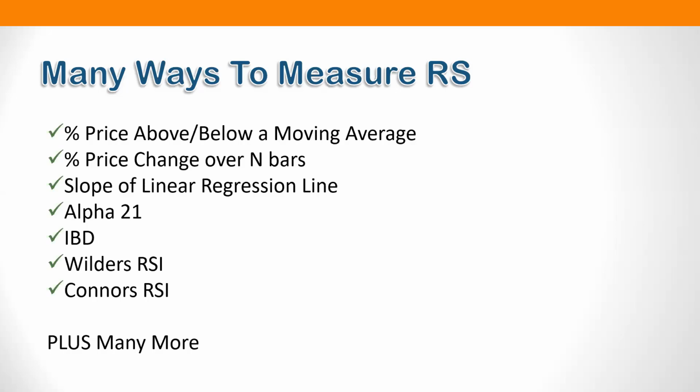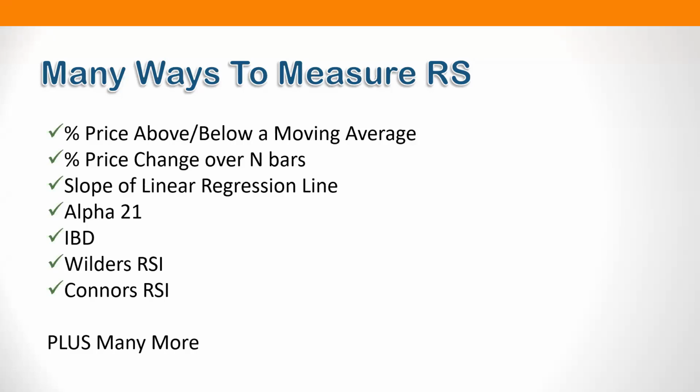Alpha 21 is something that has been in the system for a while, and that's just again, it's dealing with various segments of time and taking the % price change over various segments and combining them in a ratio. The IBD method of calculating relative strength and how they arrive at their IBD top 50 is similar to Alpha 21, but just uses different time periods to do the calculation and different combination ratios to combine those time periods together.